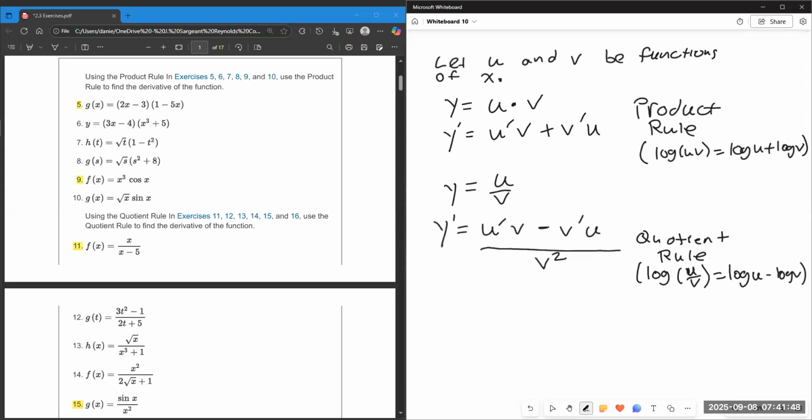This doesn't look like it has anything to do with logs right now, but I promise you that when we get later on in calculus, you'll actually prove these two rules with some differentiation techniques that involve logs, and you'll see how this one with the product is related to this multiplication rule, and this one with division is related to the subtraction rule, and that's why this one has a plus sign and this one has a minus sign.